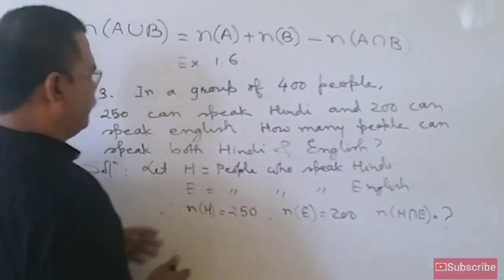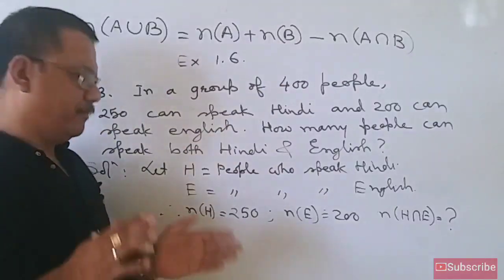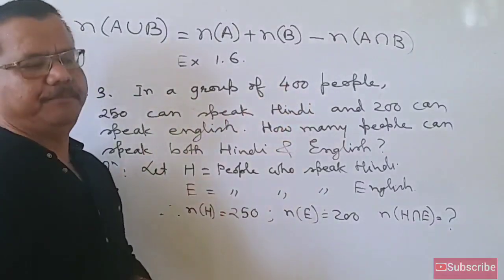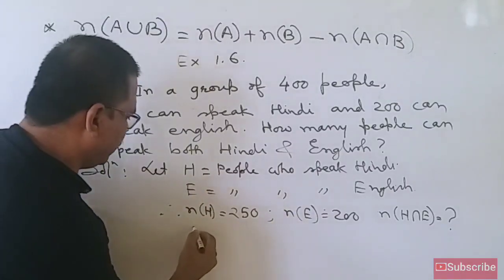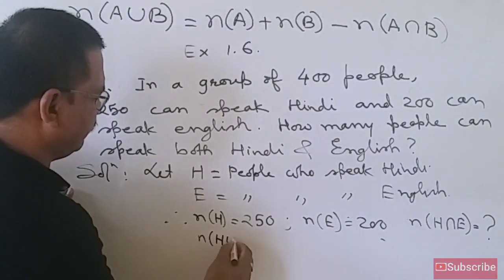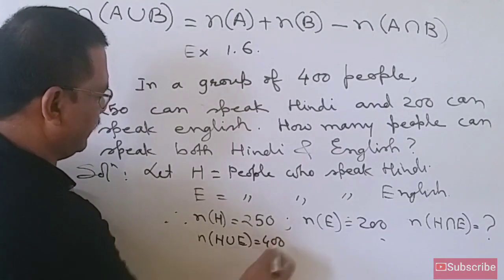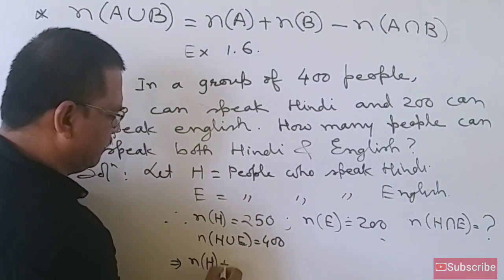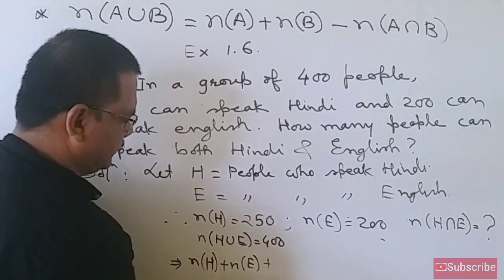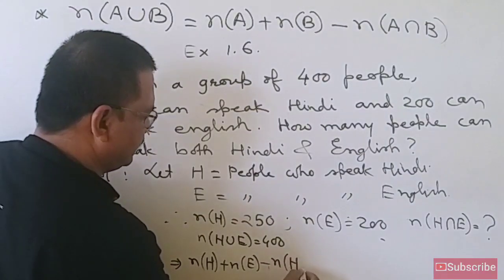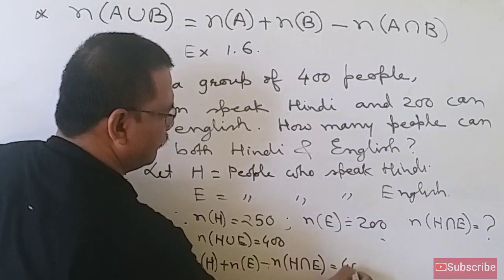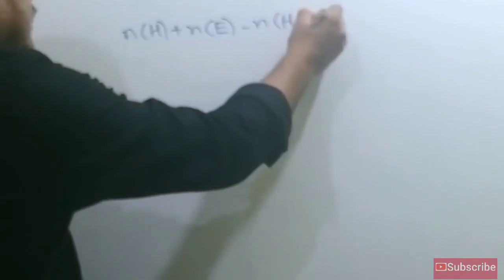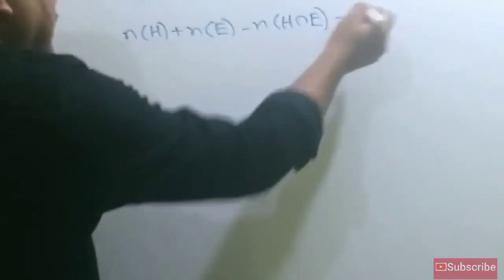Okay, so for that we will use this formula, but what is their union, H and E? This one: in a group of 400 people. In this context, n(H union E) is equal to 400. Now write n(H union E), that is equal to n(H) plus n(E) minus n(H intersection E), which is equal to 400.